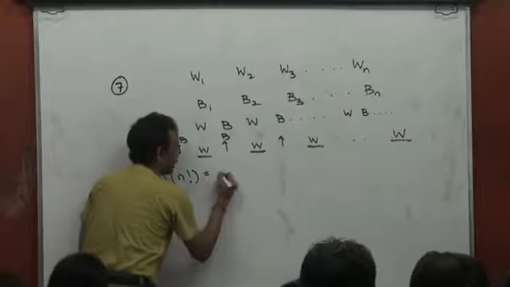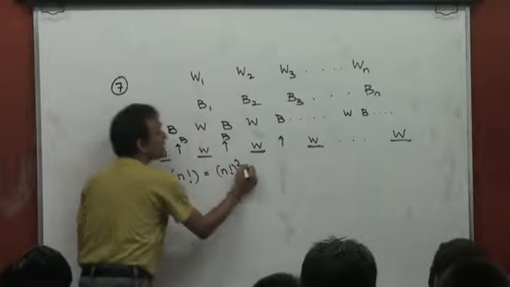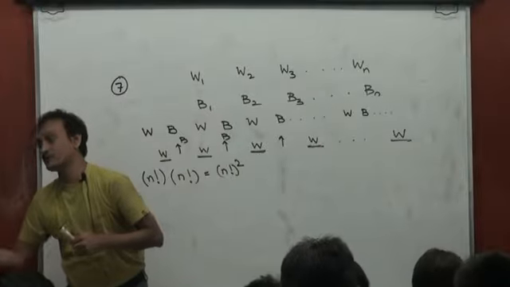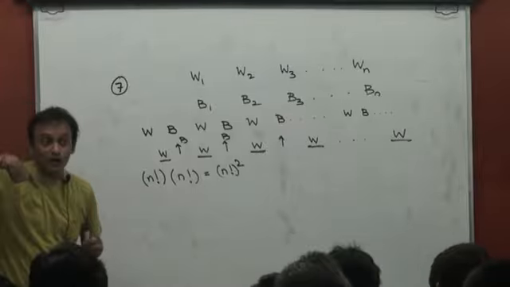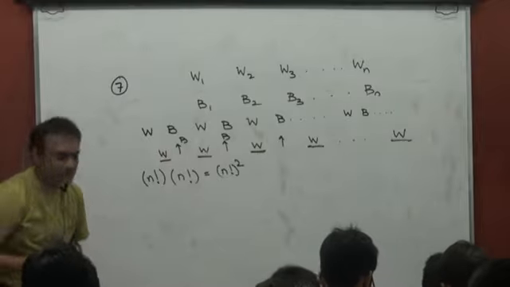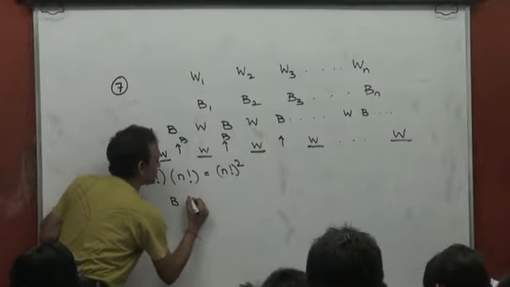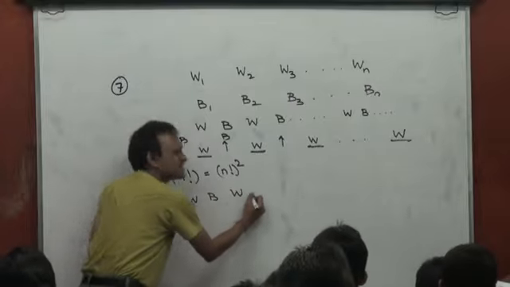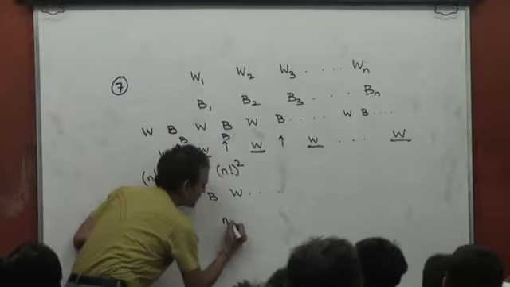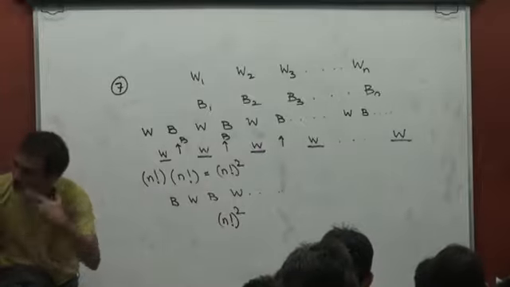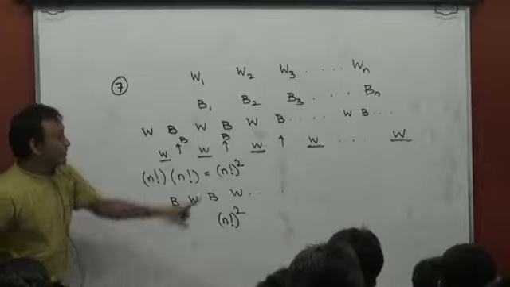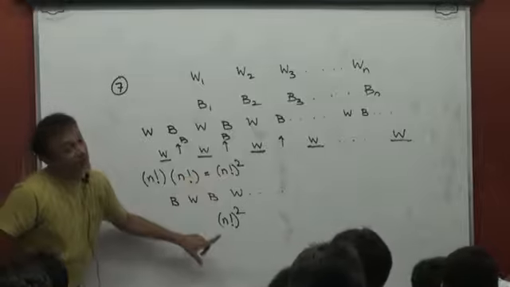So n factorial whole square ways in which white comes first. Similarly, you could start with those cases in which black comes first. If black comes first, then black, white, the same thing will hold good. So you would have n factorial whole square ways in which black comes first, n factorial whole square ways in which white comes first.